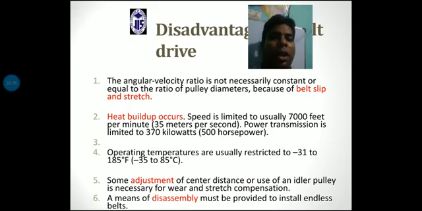And next is some adjustment of the center distance, or use of an idler pulley, is necessary for wear and stretch compensation.